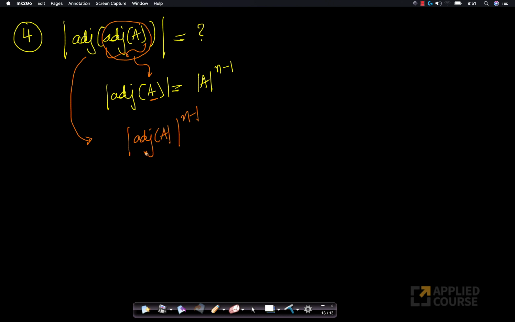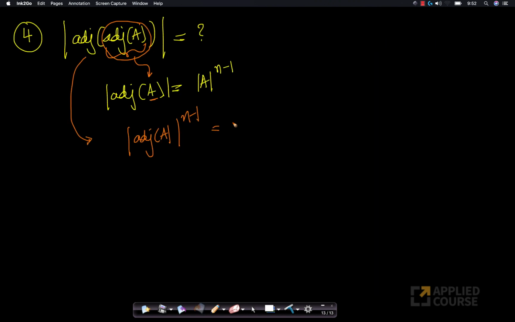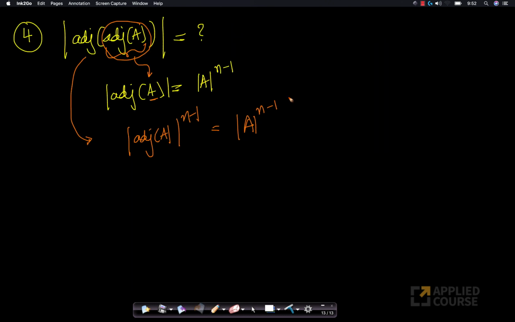Now I already know that the det of adjoint of A is det of A power n minus 1. So this is nothing but det of A power n minus 1, power n minus 1, which is nothing but det of A power n minus 1 squared. That's all. Very simple, right? So basically you are applying this formula twice over.